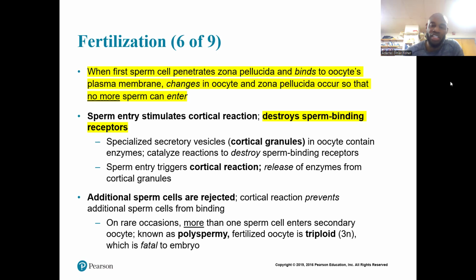So the sperm entry stimulates a cortical reaction, which destroys sperm binding receptors. That way only one sperm with half the chromosomes of the male binds with one egg that has half the chromosomes of the female. And now we have one single-celled organism that has a full chromosomal set, and that will start to divide and continue to become a human being.